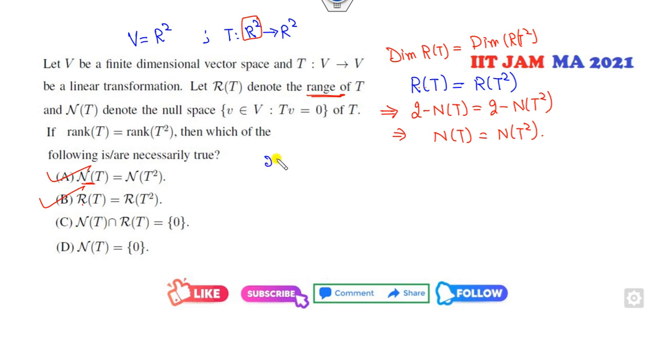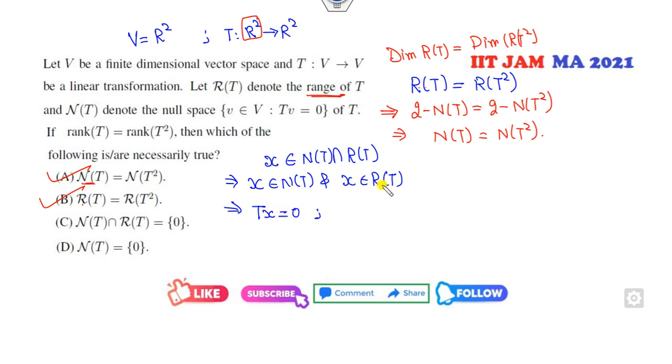Intersection will be, fine, I assume X belongs to this. What does it mean? X belongs to my null space and X belongs to my range. So if X belongs to the null space, it means T of X is 0. If X belongs to the range, it means there exists a Y such that T of Y is X. Fine. I can apply the transformation on both sides.